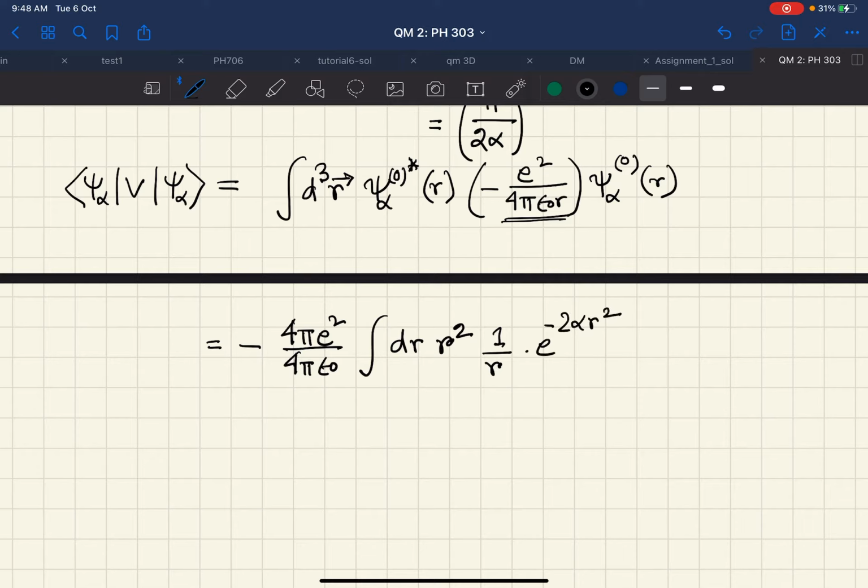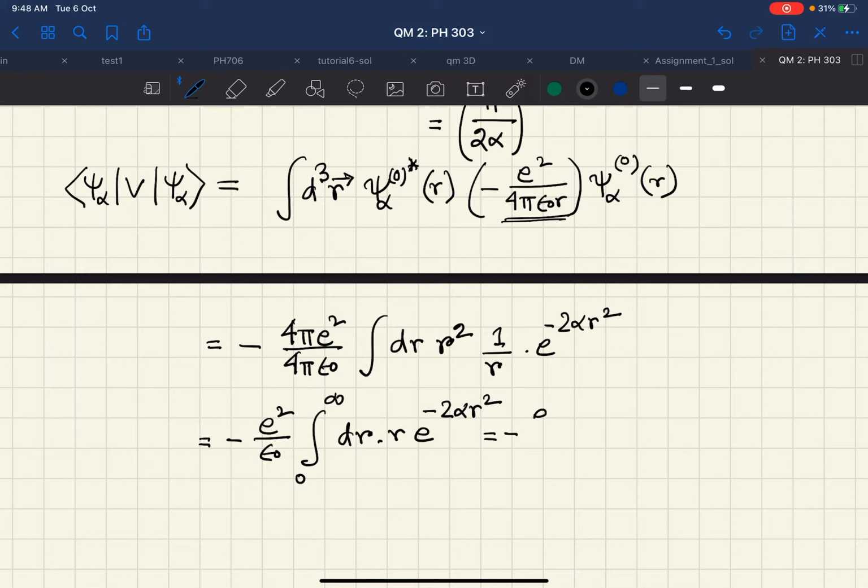So that's what we are going to get. So this is finally going to lead us to this integral, minus e square by epsilon naught, dr into r into e to the power minus 2 alpha r square, which is very easy to figure out.